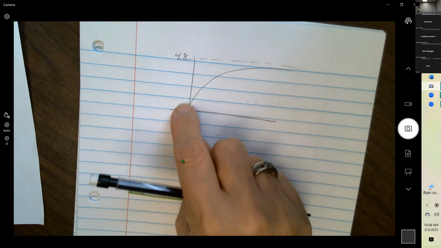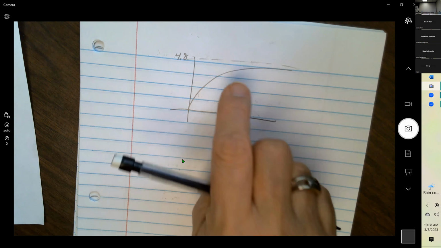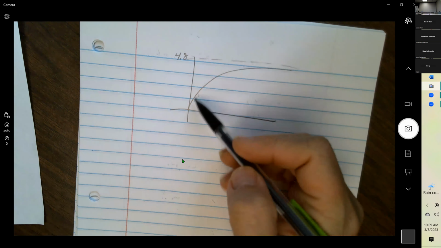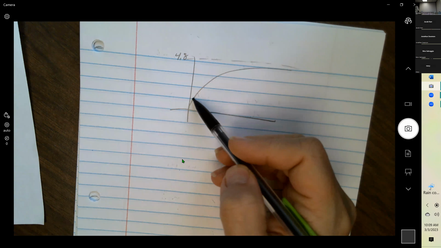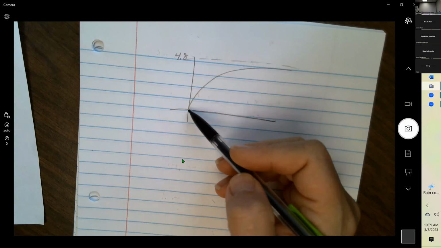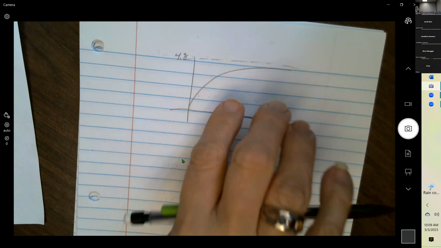Even though it's increasing, the amount it's increasing by is decreasing. So even though this is going up, maybe it went up by 20, and then it went up by 18, and then it went up by 16. So the amount it's increasing by is decreasing. This is a decay.